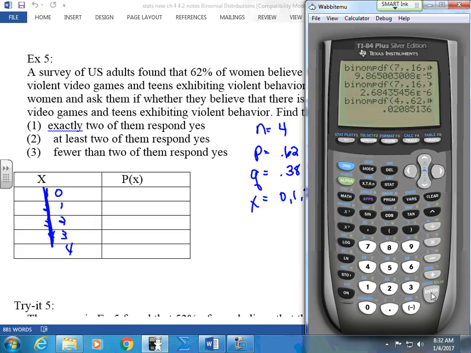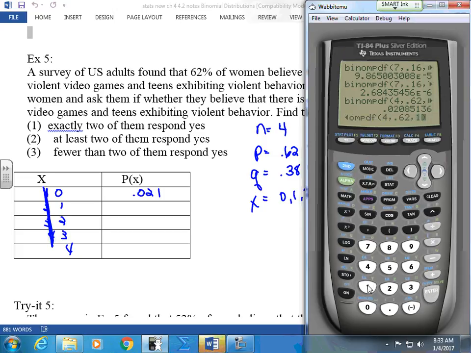So again, give me 3 decimal places. I like 3 because I like to look at them as percentages, because 0.021, we don't even say that correctly. Technically, it's like 2.1% chance that 0 people will say yes. So I like to look at it as a percent sometimes. So give me that extra decimal.